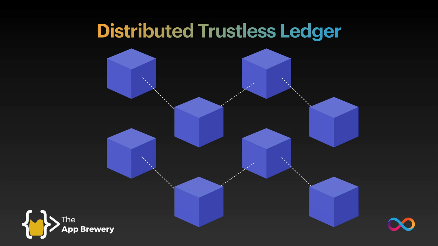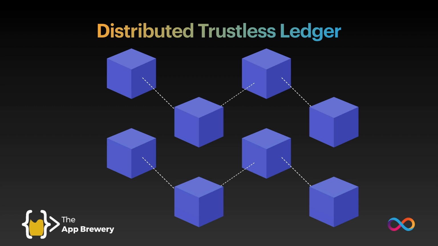And because of the underlying technology, the distributed nature of it, the blockchain part, it means that we don't have to care who is storing these copies of the blockchain. We can trust in the technology, that our ledger is always going to be accurate and nobody is going to be able to tamper with it.